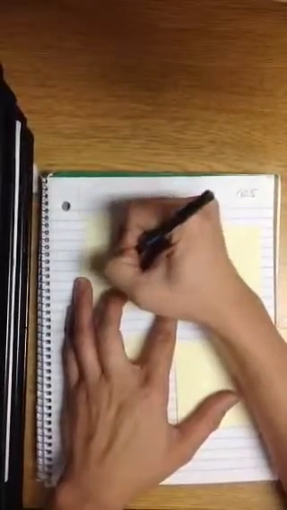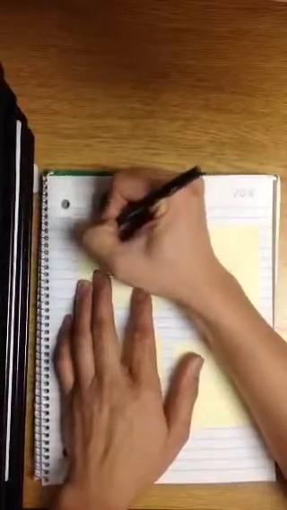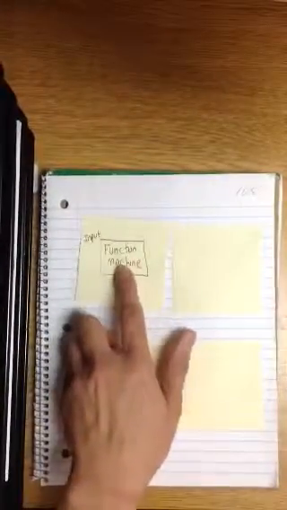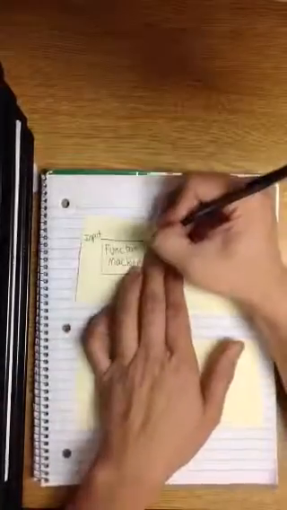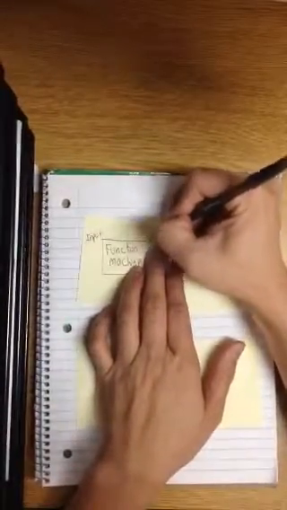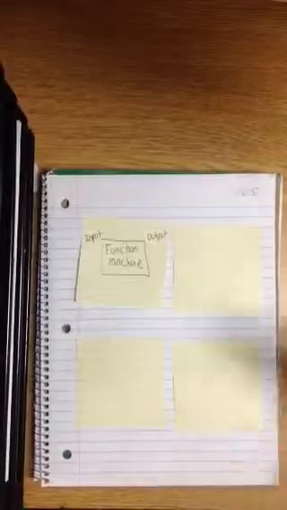So let's go to our first sticky note. Everybody should be on your first sticky note. Please copy this down. Function machine. Imagine there is a function machine. You put in input, you put something into the function machine, and it comes out as output, something new, a different number.